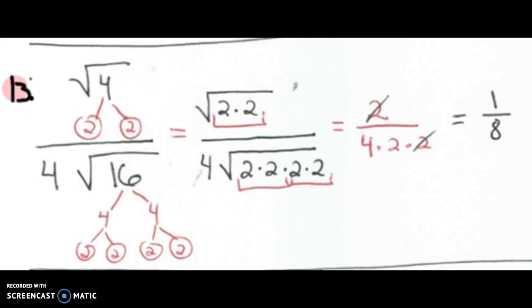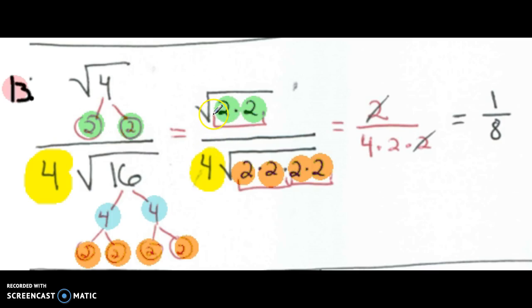In problem 13, I have the square root of 4 divided by 4 square root of 16. I am going to factor 4, 2 and 2. That's where these two come from. I'm going to factor 16, 4 and 4, and I'm going to factor 4, 2, 2, 2, 2. So that's where all these 2's come from. 4 is not under the radical, so it stays outside, not under the radical.